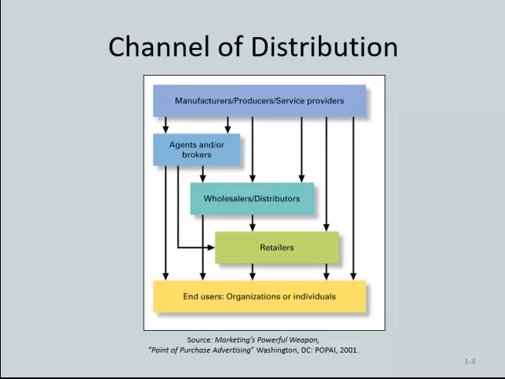Or taking a step from there, that farmer might work with an agent or a broker, and in that level, it's usually even larger numbers of product, and it's sold through multiple wholesalers to multiple retailers to multiple end users. So it depends upon how much product, and it can get rather complicated.